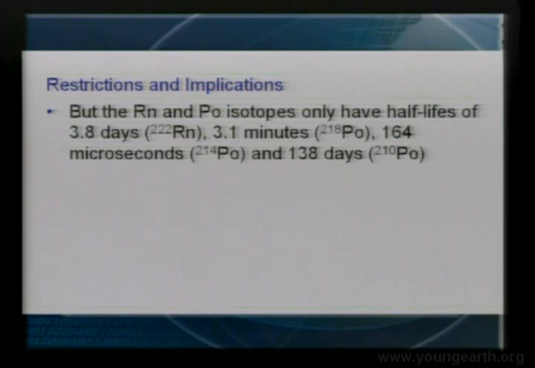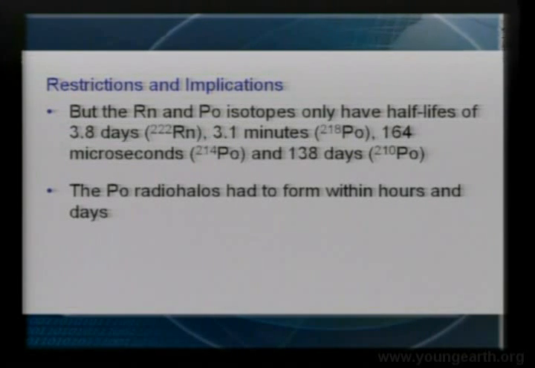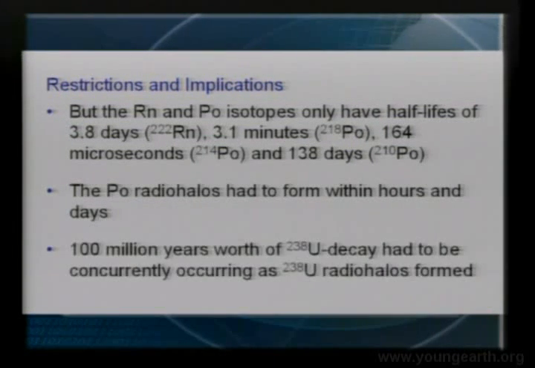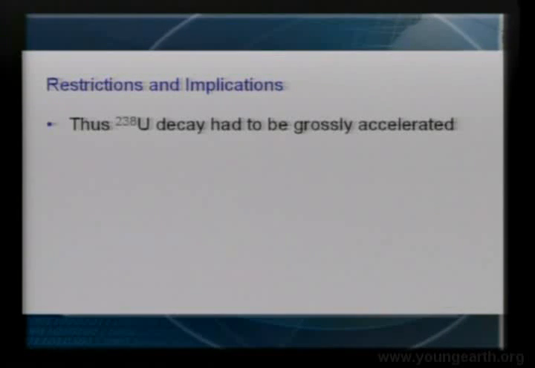Radon has a decay rate of 3.8 days, so it's even shorter lived than polonium-210. So the polonium radiohalos had to form within hours and days. So 100 million years worth of uranium decay had to have concurrently occurred as the uranium radiohalos formed. So the uranium decay had to have been grossly accelerated.